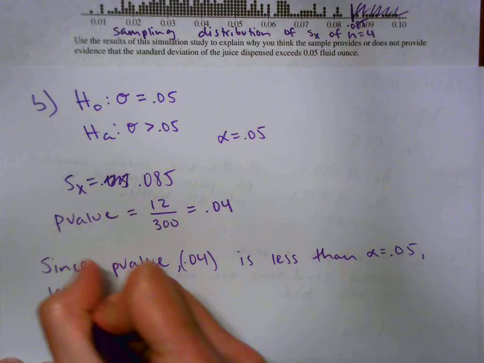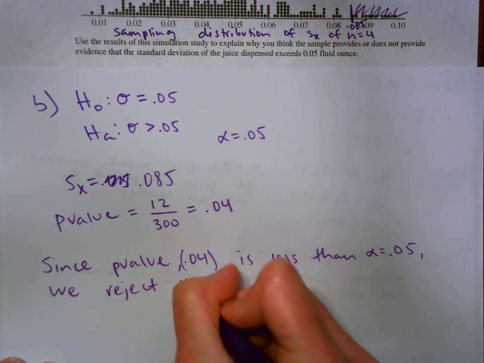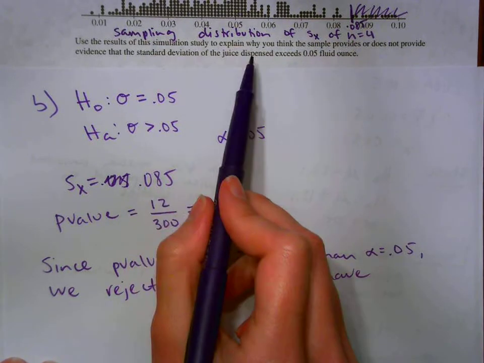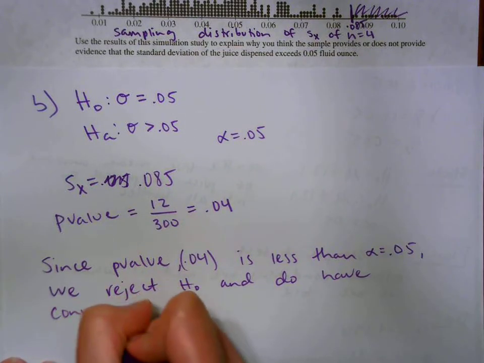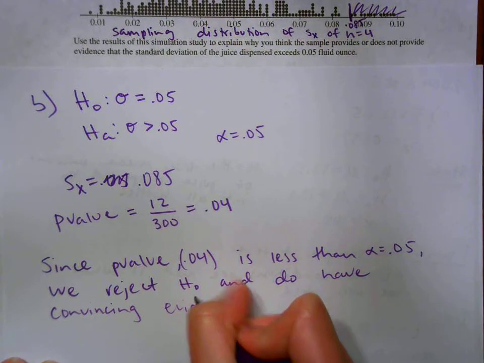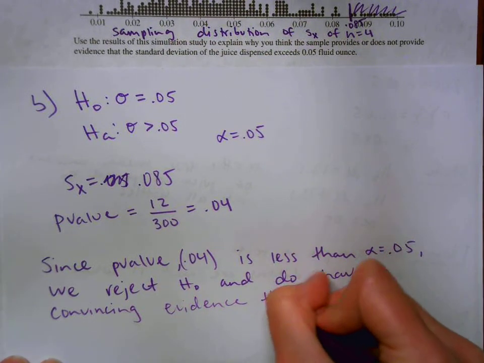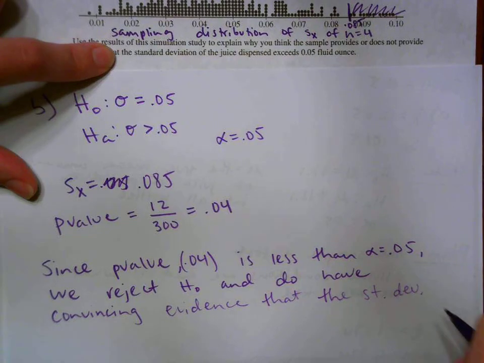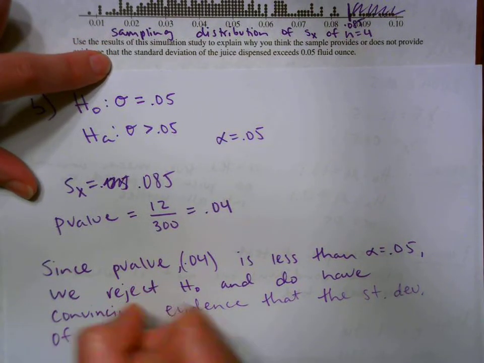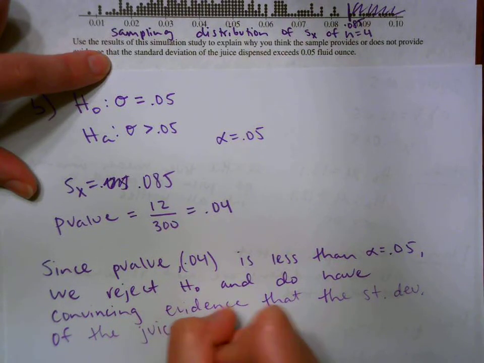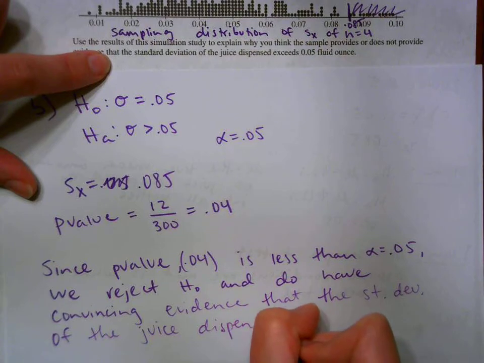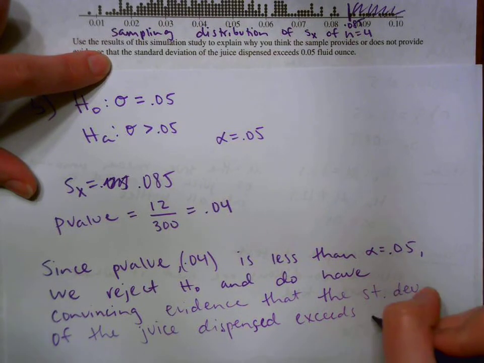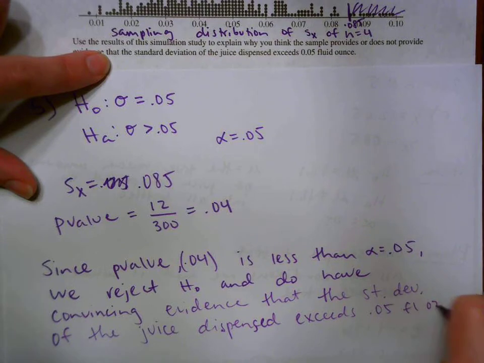Since the p-value is less than alpha, we reject H0 and do have convincing evidence that the standard deviation of the juice dispensed, if I could spell dispensed, exceeds 0.05 fluid ounces.